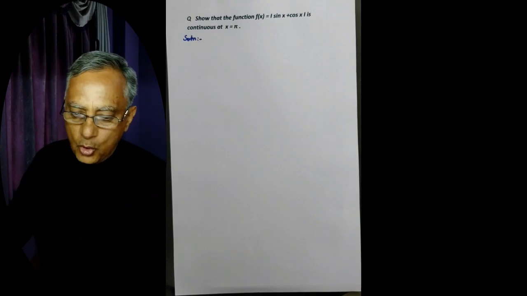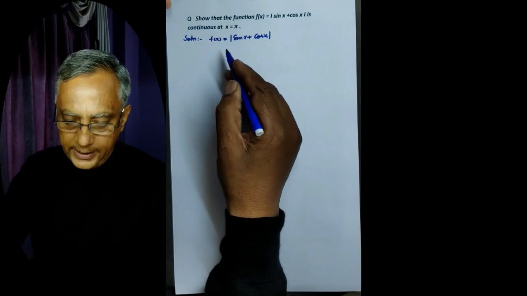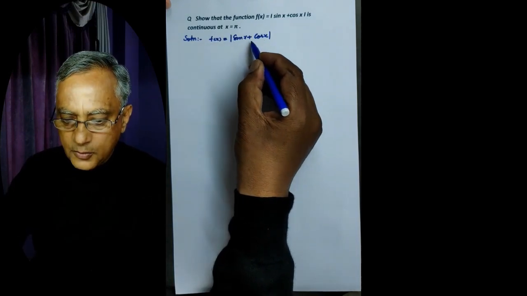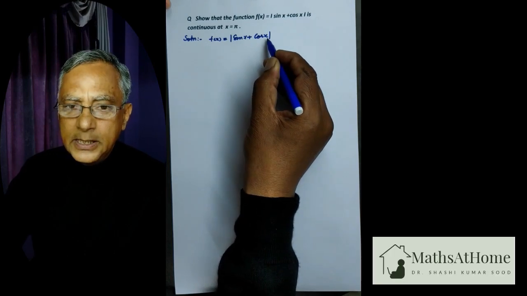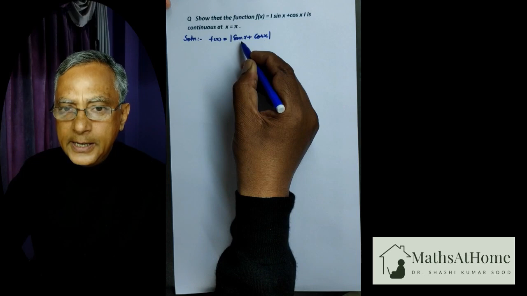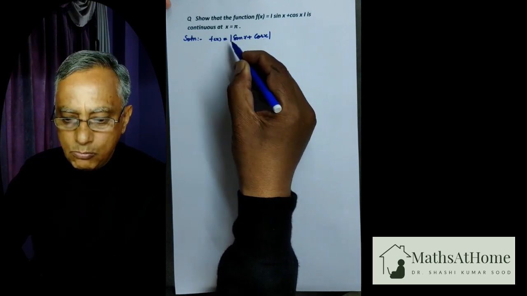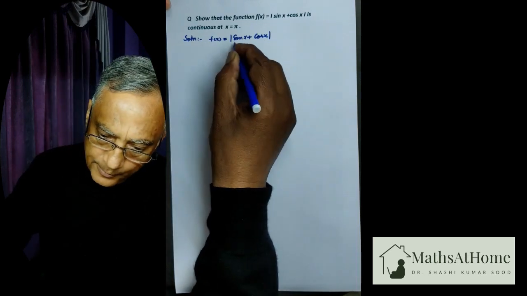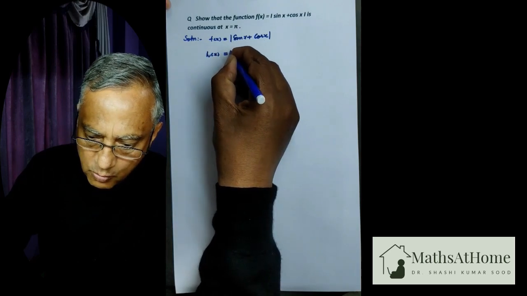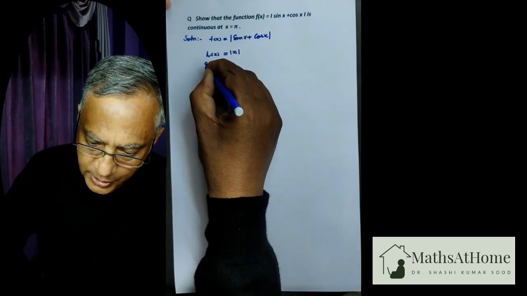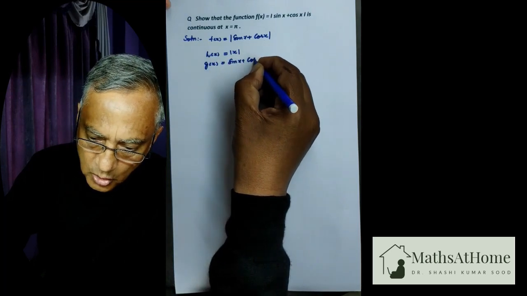I take up one more question based on this result. In this question, we are given f(x) is equal to mod of (sin x plus cos x). This function is a composite of mod and sin x plus cos x. Read as mod of. So this is a function which is a composite of h(x) equal to mod x and g(x) equal to sin x plus cos x.